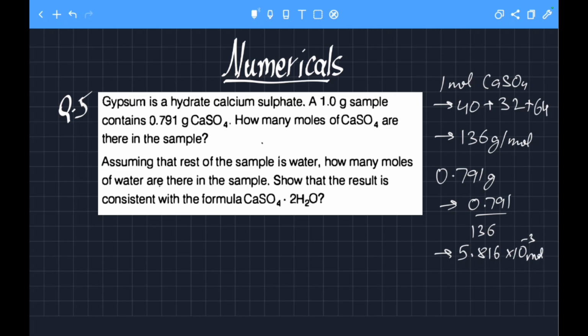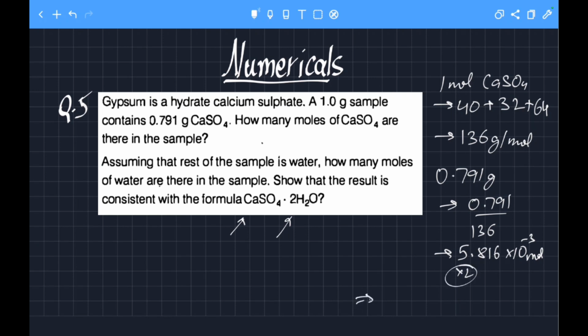Now let's look at the simple ratio. This is for every 1 mole of CaSO4 there are 2 moles of H2O, correct? So if there is 5.816 into 10 raised to minus 3 moles of CaSO4, water का होगा इसका into 2.